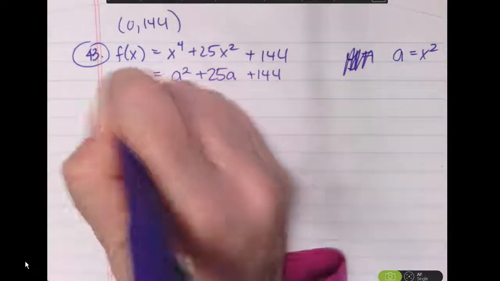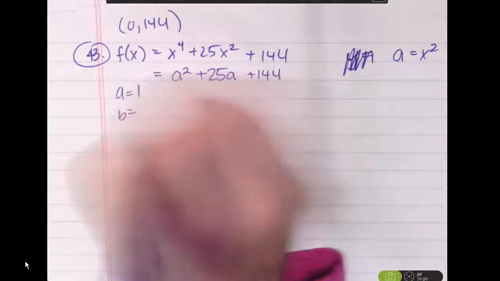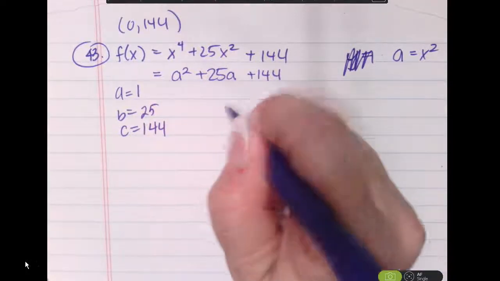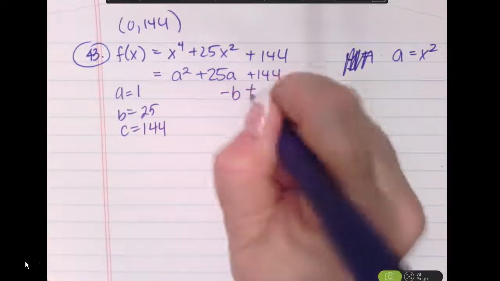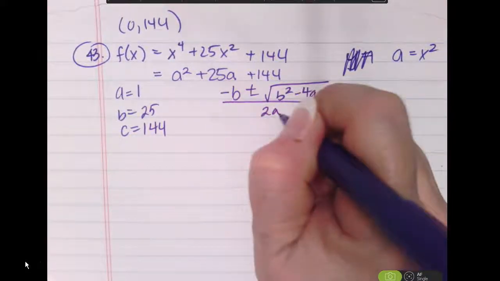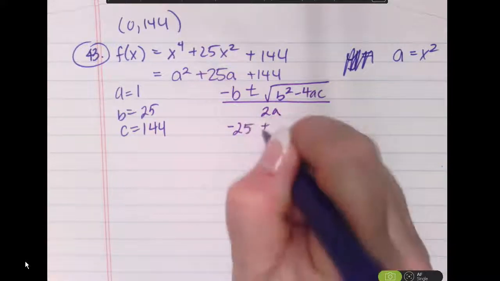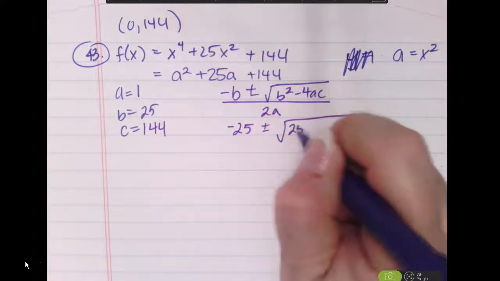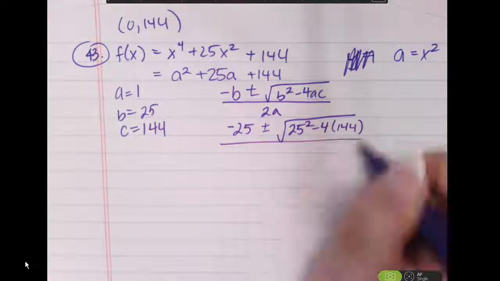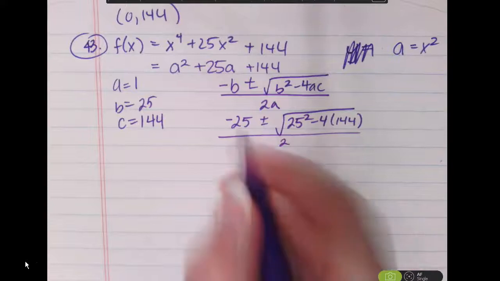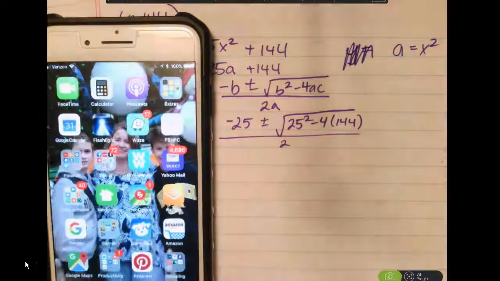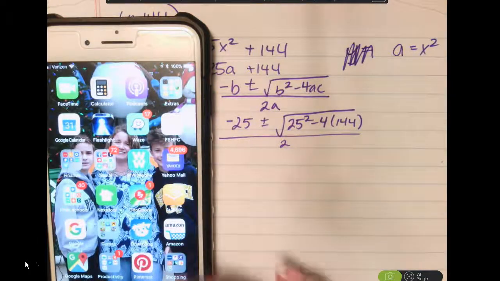So I'm going to say a is 1, b is 25, and c is 144, and I'm going to do my quadratic formula, which I'll write out here: negative b plus or minus the square root of b squared minus 4ac, all over 2a. So negative 25 plus or minus the square root of 25 squared minus 4 times 1 times 144, all over 2. So now let me work out the math. 25 squared, alright, let's see, calculator.